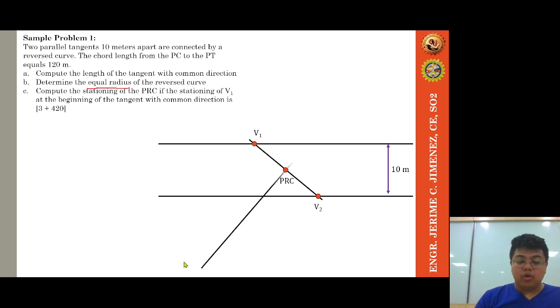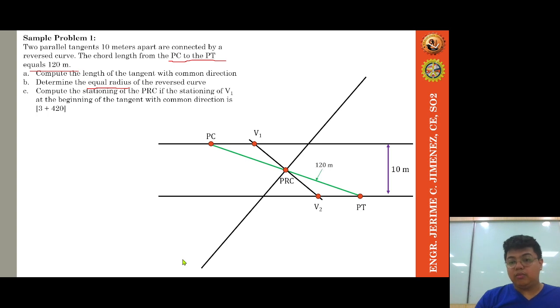So, let's draw the common radius perpendicular to the common tangent. Let's get the position of station PC and the position of station PT. Sabi din sa problem na yung chord length daw po natin from PC to the PT is equal to 120 meters. So therefore, PC to PT is equal to 120 meters.